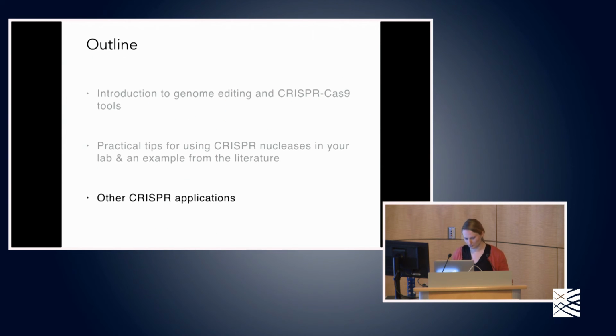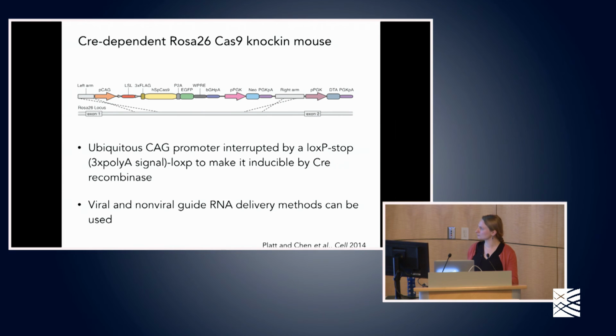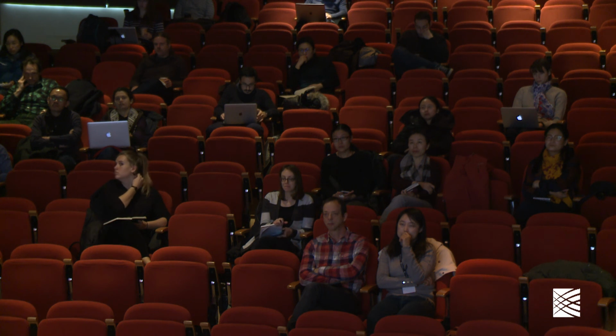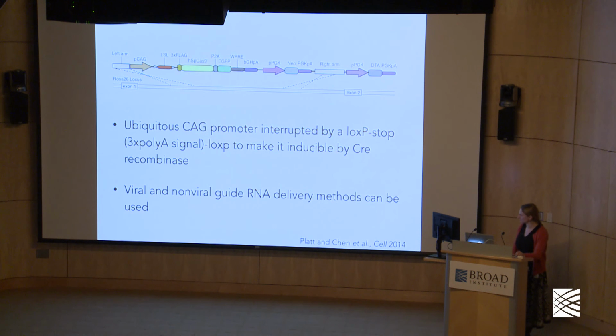So in this last part of the talk, I'd like to go over some other CRISPR applications besides just using Cas9 to edit genomes and to do HDR. First, one important thing I would like to discuss is that there has been a Cre-dependent ROSA26 Cas9 knock-in mouse. It has a loxP stop site, so you can control which tissues it's expressed in, and it's inducible by Cre recombinase.